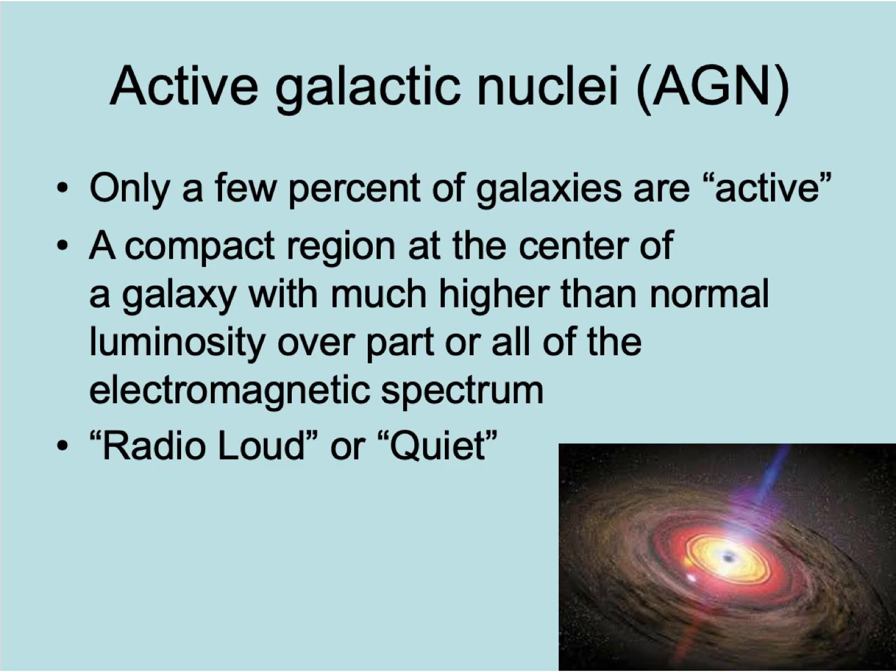We assume that radio loud galaxies have actively feeding supermassive black holes at their centers. Luckily, our Milky Way is radio quiet, with our supermassive black hole, Sagittarius A star, not actively feeding, or our galaxy would be a much more dangerous place.